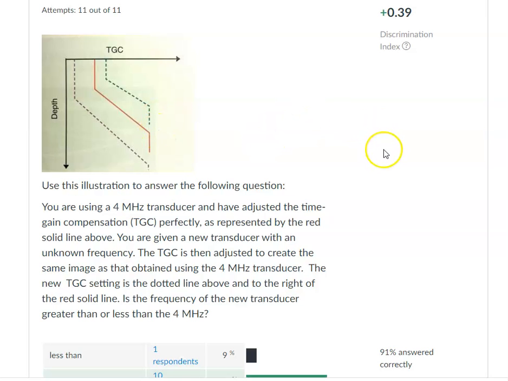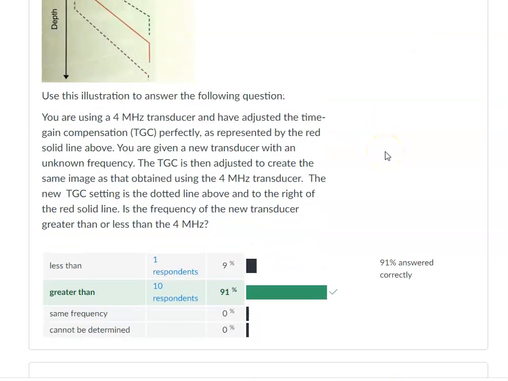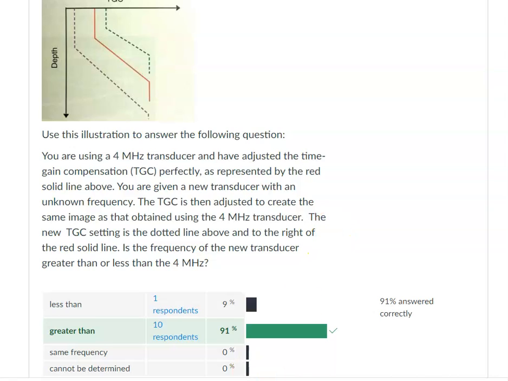So the answers, as we look down here, we have the choices of less, greater than, or the same. And so it must be greater than because it has to be a higher frequency because we're using more compensation earlier. If we were using less, it would be the next one.